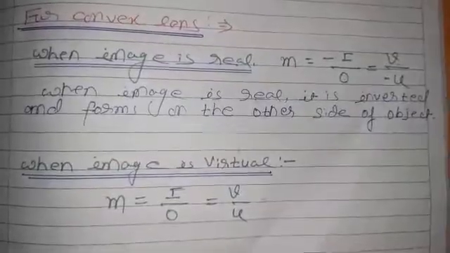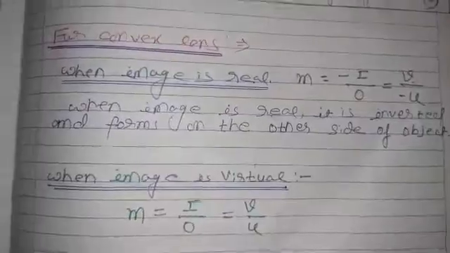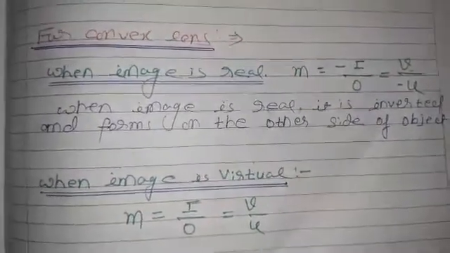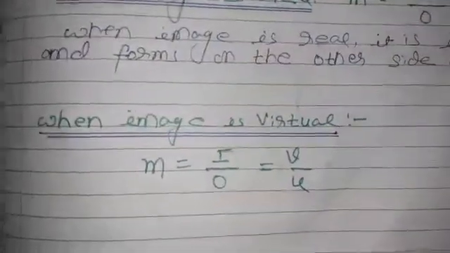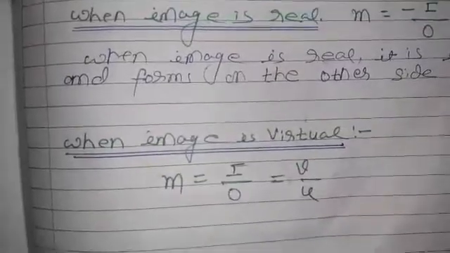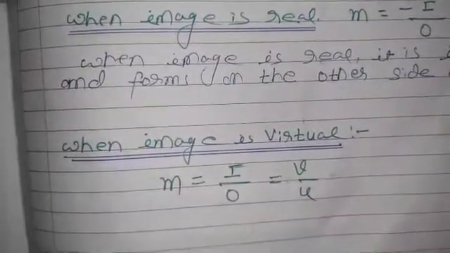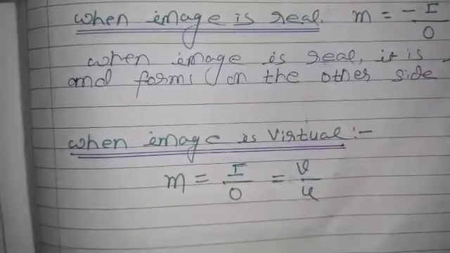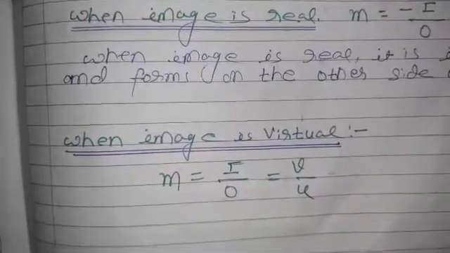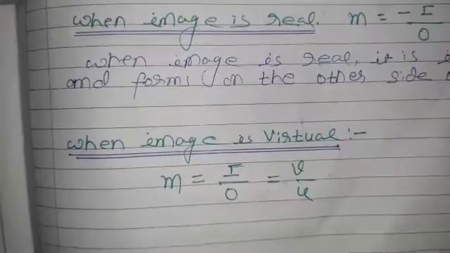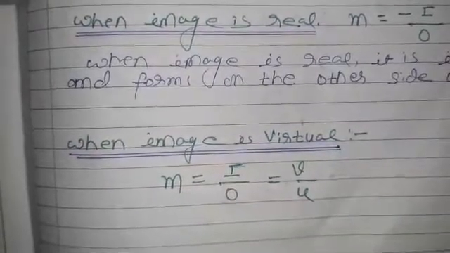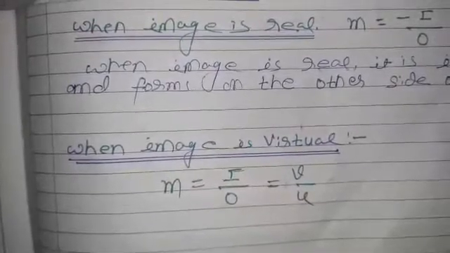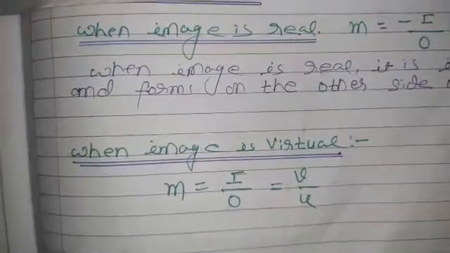And when the image is virtual, M equals I upon O equals V upon U. When the image is virtual, it is erect and forms on the same side of the object. Thus it can be said that a convex lens gives positive linear magnification for a virtual image and negative linear magnification for the real image.